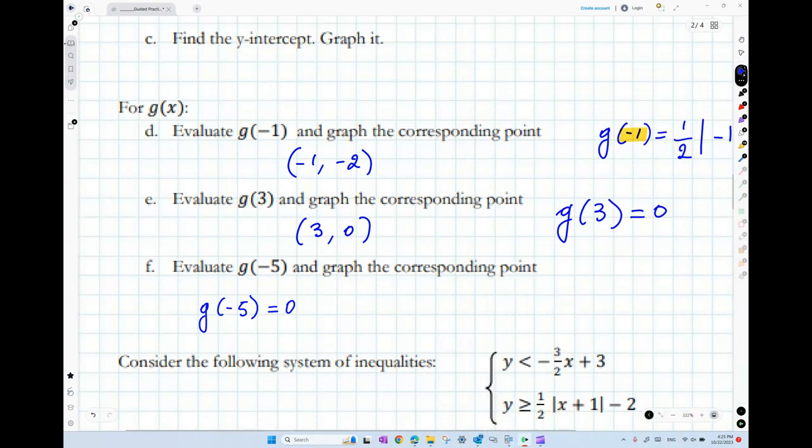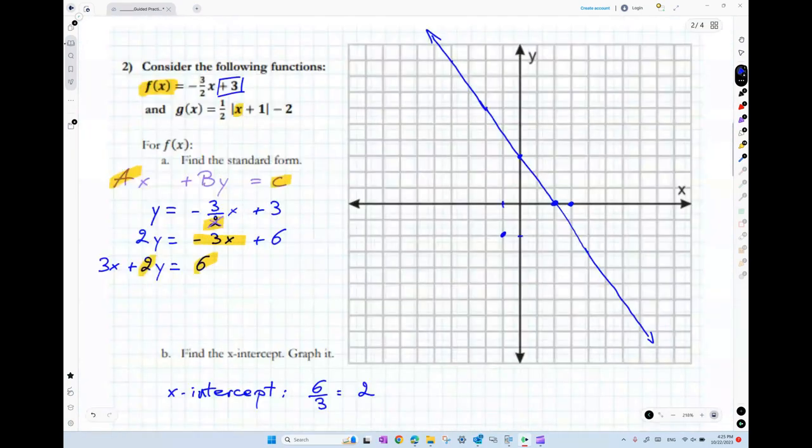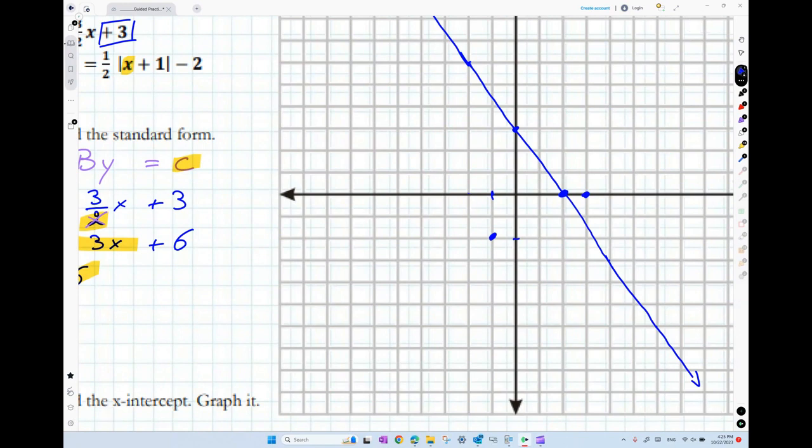So that defines the data point negative 5, 0. Negative 1, 2, 3, 4, 5, 0. And because this point here is right in the middle, that will also be my vertex.